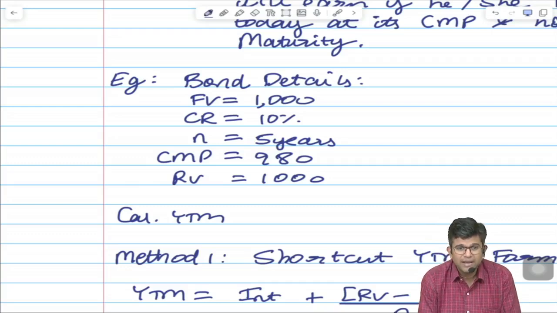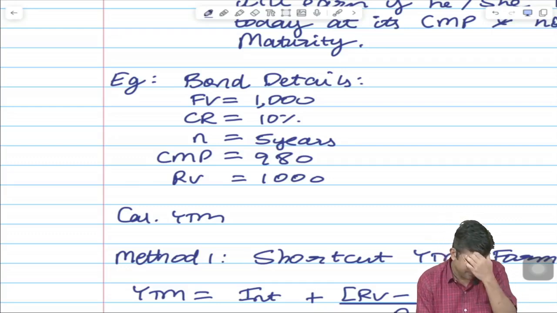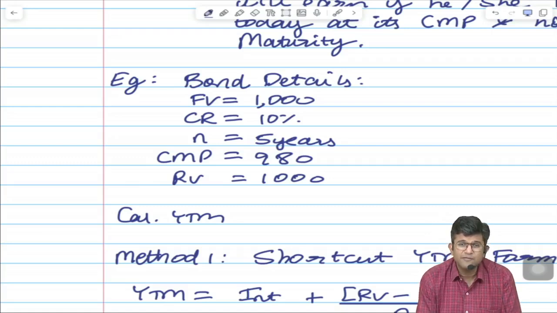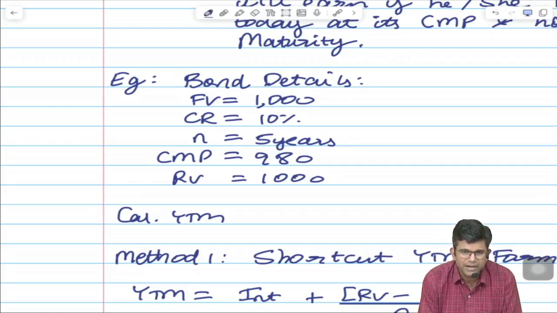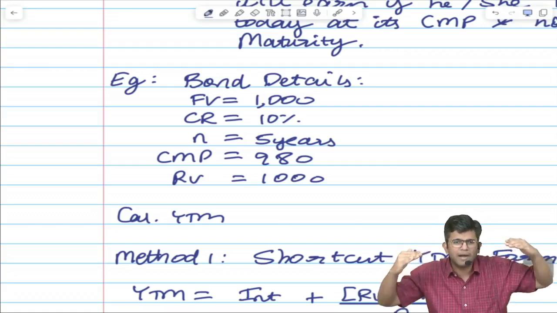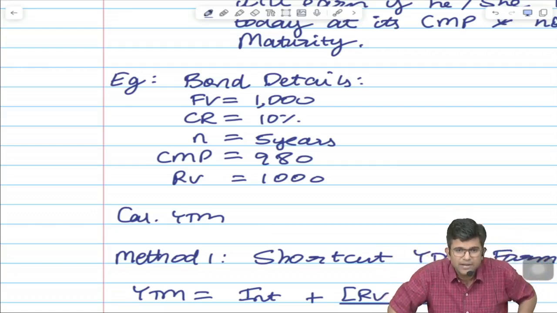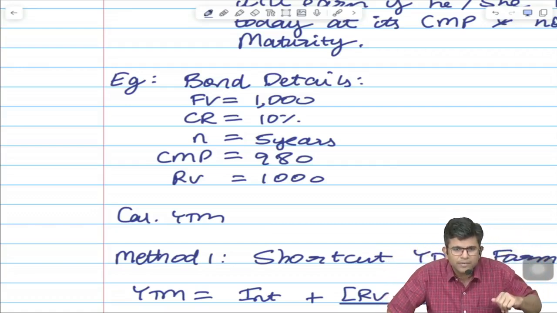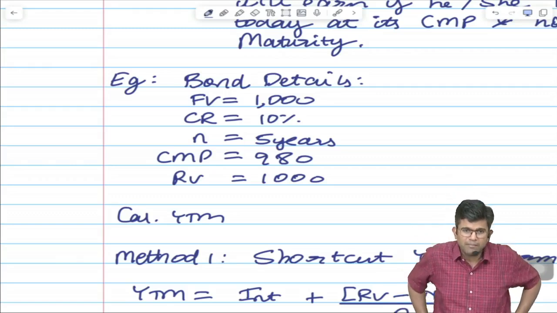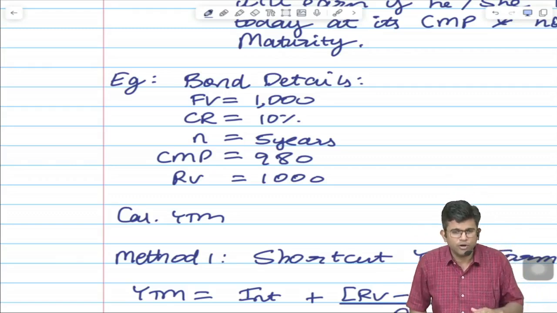There will always be a small group who might not, but that small group can never influence the result. Right now the price is at 980 means there are buyers majority and sellers majority who are ready to trade at that price. That is why the price is 980. If the sellers would have reduced and buyers are demanding more and more for this bond, then the price would have gone up.